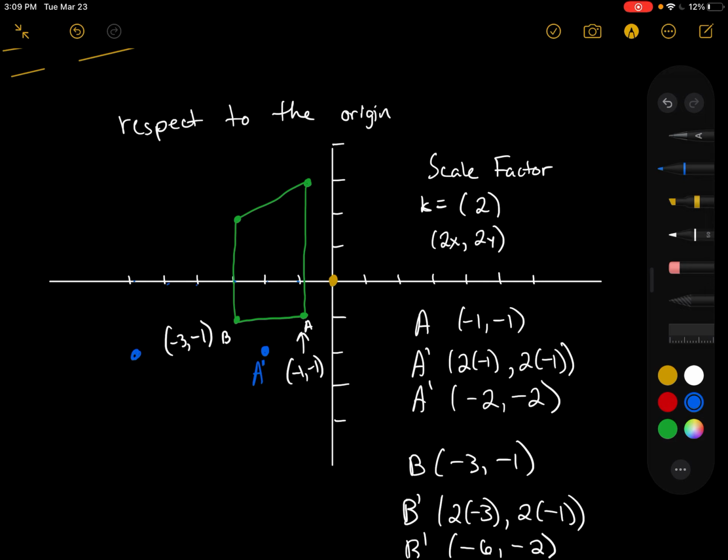So now let's do this here in blue. We'll go 6 left, 1, 2, 3, 4, 5, 6, and then we'll go down 2. And then we're going to keep doing that for each of our points. Then eventually we're going to see this dilated shape. So let's keep going. We'll do C. In this case, C is -1, comma +3.